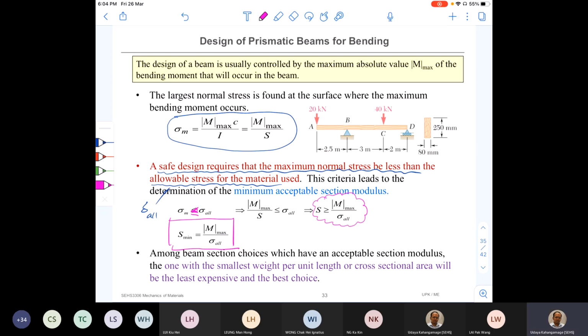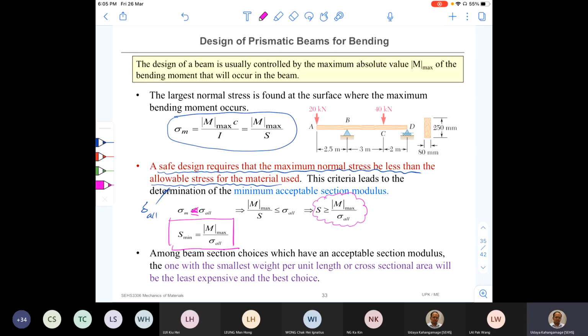If you calculate this minimum section modulus, it will tell me the geometry of the cross section required. So I can select any geometrical shape that will provide the minimum section modulus given here. That way I can design an optimum section that will resist the bending stress efficiently.